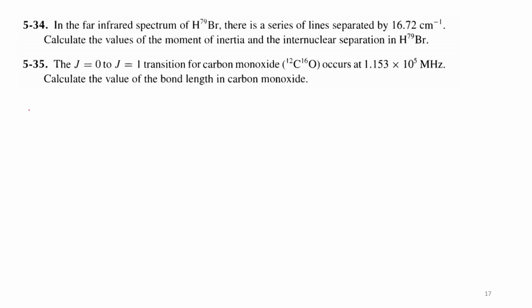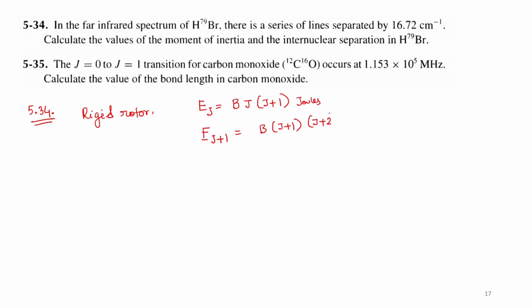So you remember that in a rotational rigid rotor, the energy of the J level is B into J into J plus 1 joules. J plus 1 level will be B into J plus 1 into J plus 2 joules, right?